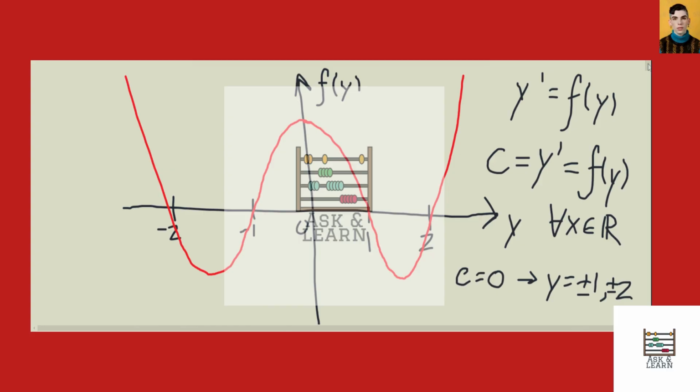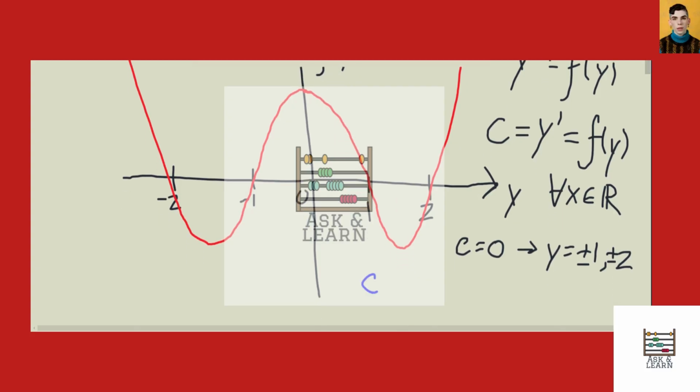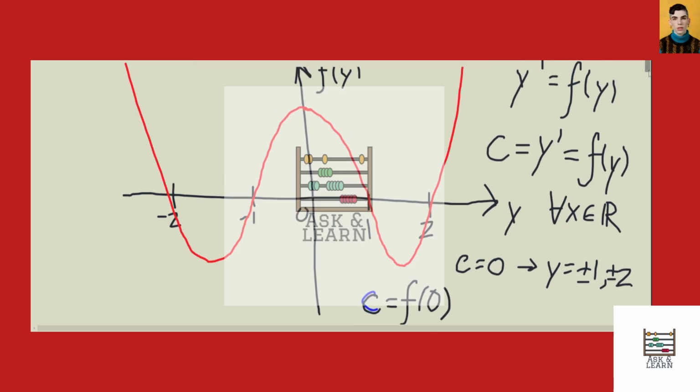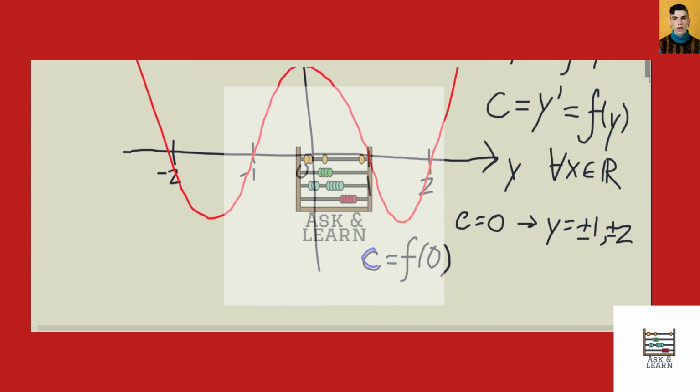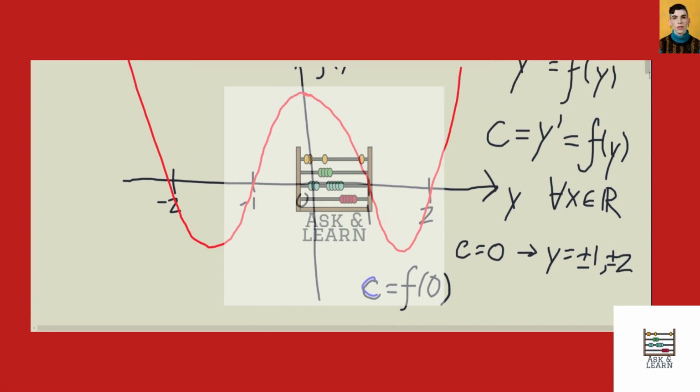So we have the y-intercept. And so if c is equal to f of 0, well, we have that c is equal to f of y, so it follows that f of 0 is equal to f of y.